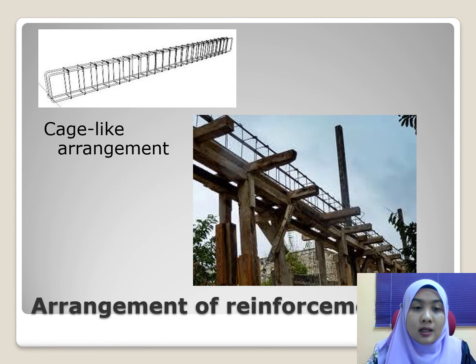This is the cage-like arrangement in which we tie our links. This is the link, the shear link. We need to provide at least 2 bars of reinforcement at the bottom and at least 2 at the top, so that we can get this kind of arrangement for beam detailing.